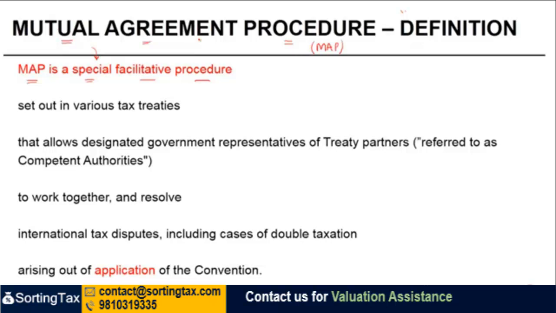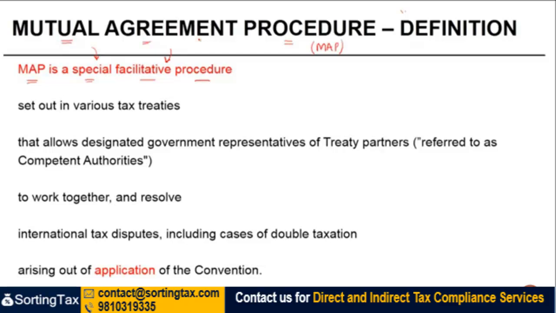Second, it's a facilitative procedure. It's not a legal procedure. So therefore, as every facilitative procedure would have, the idea behind these discussions is very flexible. It is not that they have to meet 10 times in India, 10 times in US and things like that, but it's a procedure to facilitate arriving at some conclusion. Set out in various tax treaties, okay?